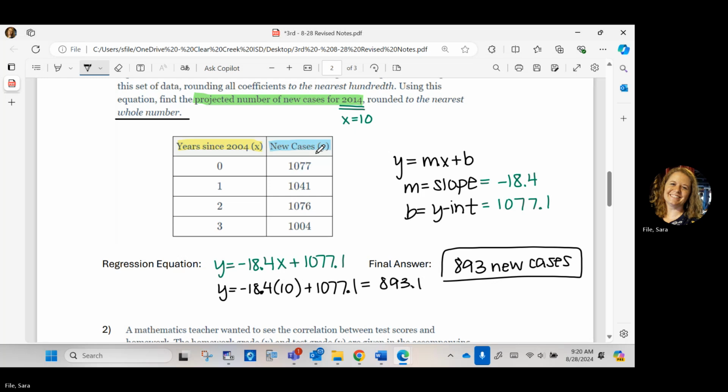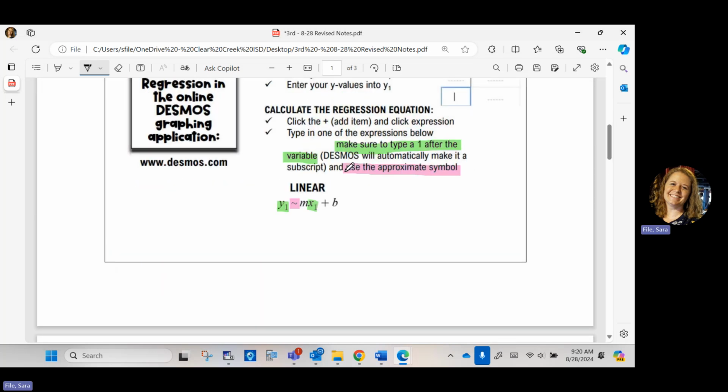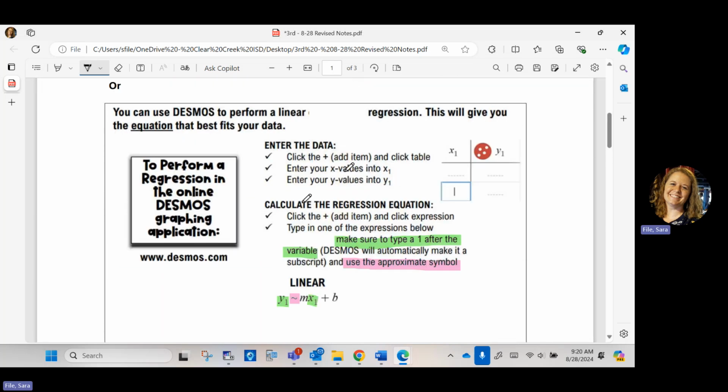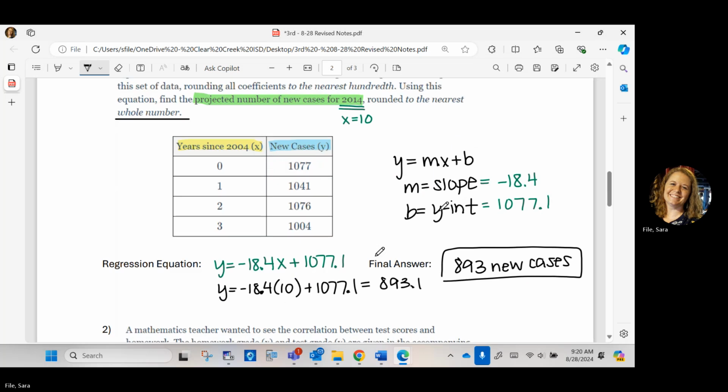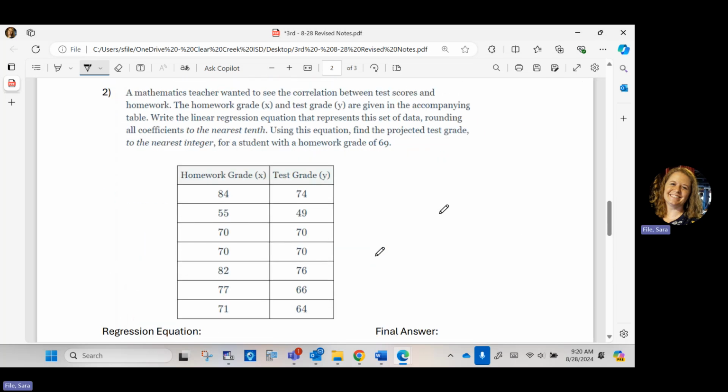All right, so we're going to go through this process here again, where we enter data, we come up with our regression model, and then we can use that regression model to make predictions. Everybody feel okay about that? All right, so in this one, our data is representing homework grade versus test grade for a math class.